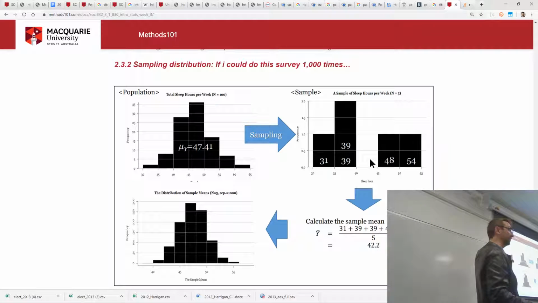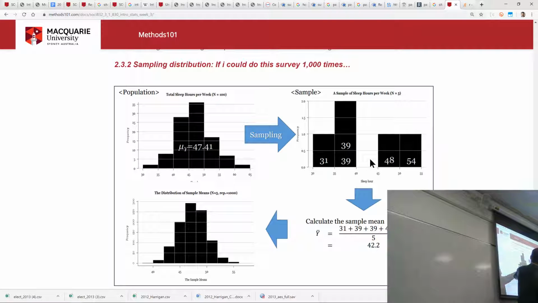So does everyone understand what's going on here? Do you want me to just walk you through it? So this is 100 people, and this is how many hours of sleep they get per week. This is our population, which we know, but we want to pretend we didn't know, and we want to try and estimate it, right?